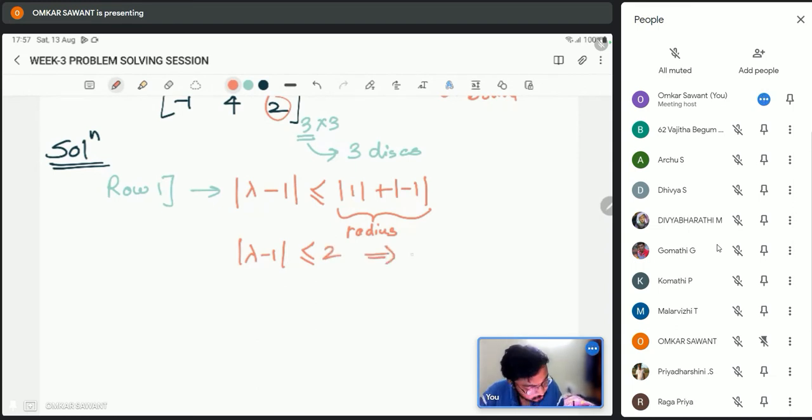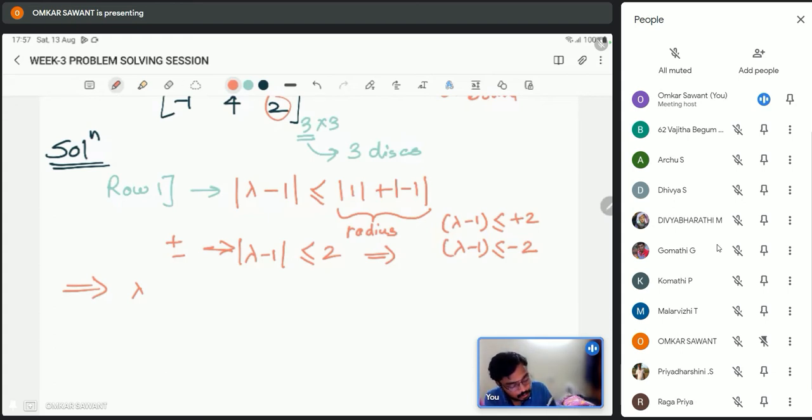So what does it imply? Lambda should lie within which range? This absolute value has two values, plus or minus, right? So you just give plus or minus to the right-hand side. So lambda will lie with maximum 3 and minimum plus 1 minus 2, that is minus 1.